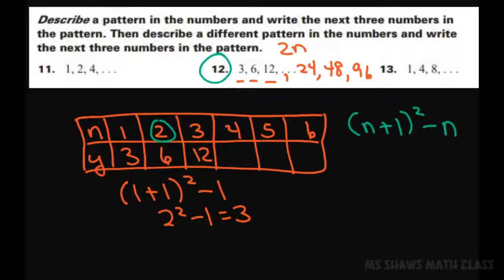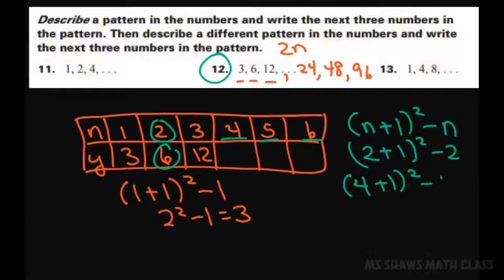My n is 2, so 2 plus 1 squared minus 2. That would be 9 minus 2 is 6. So let's get our last three terms. My n is 4, so 4 plus 1 squared minus 4. That's going to be 25 minus 4 is 21.